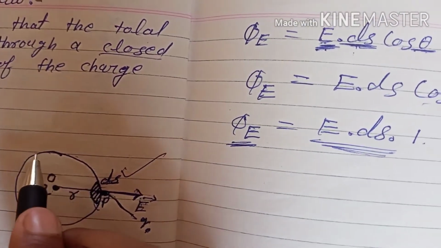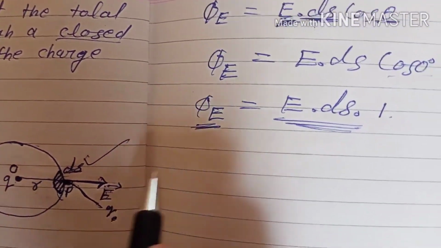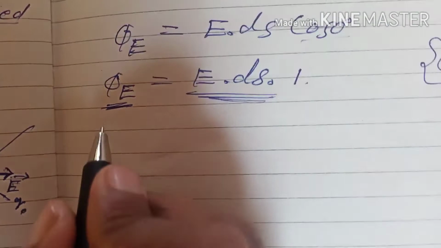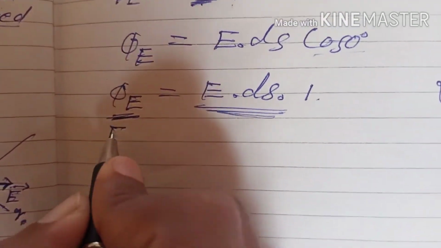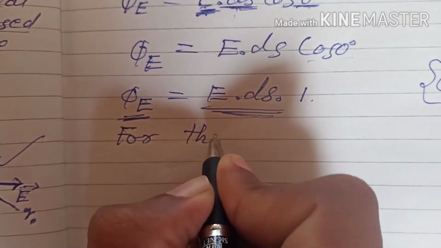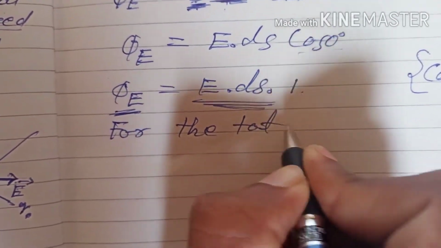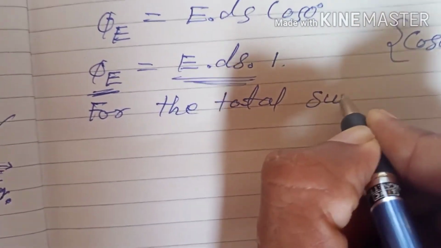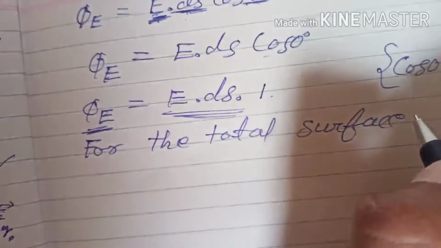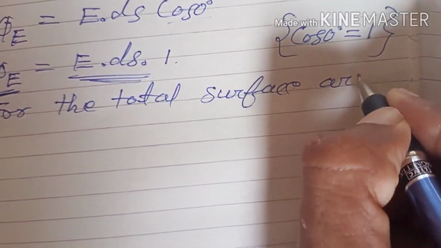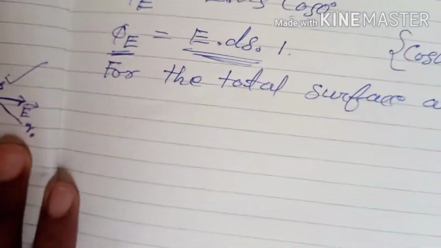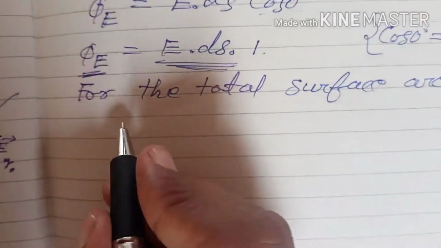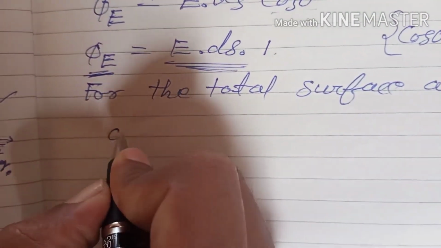So what is the electric flux for this whole surface? Now we write this. For the total surface area, what can we write?